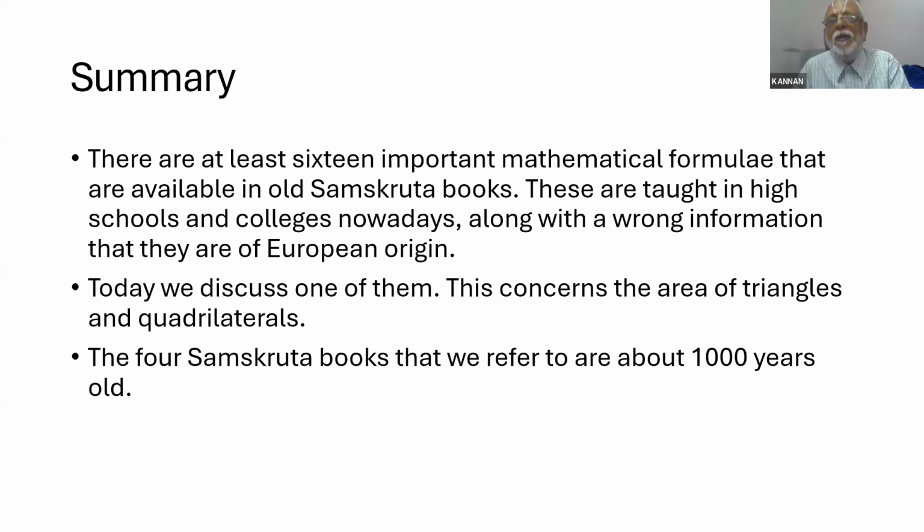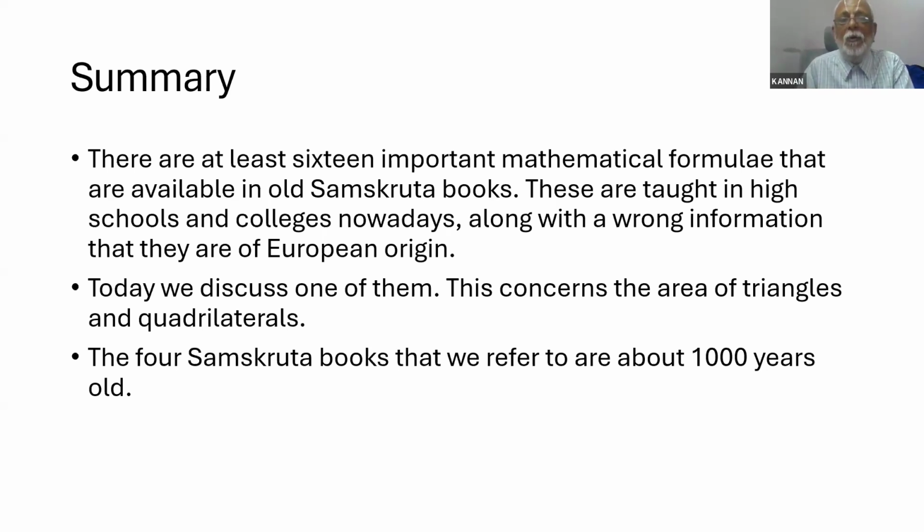I start with a summary of today's talk. There are at least 16 important mathematical formulae that are available in old Samskrita books. For example, in today's talks themselves, Mr. Mahesh was talking about one formula, which was also Brahmagupta's formula for diagonals of a cyclic quadrilateral in terms of the sides.